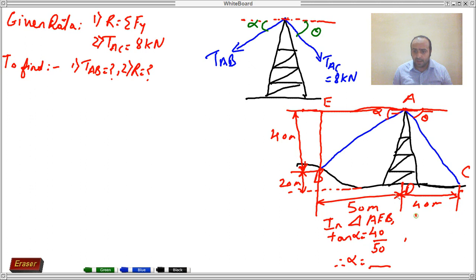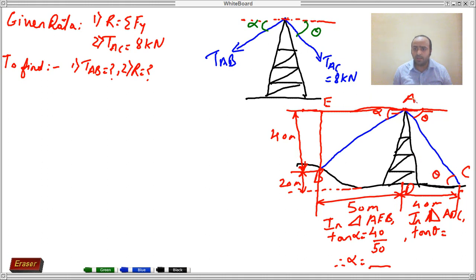Same way, in right angled triangle ADC, it will be tan theta is equal to, again, opposite upon adjacent. So this is theta, friends.